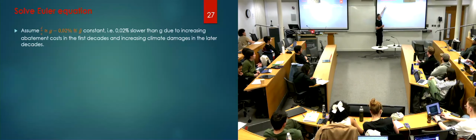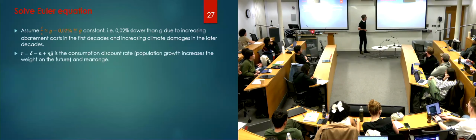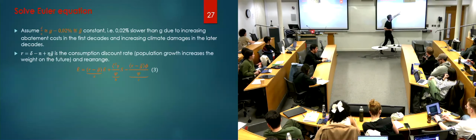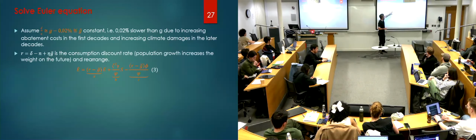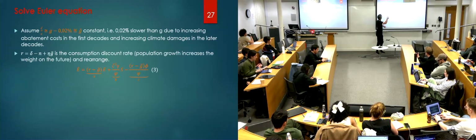For us, this is just a technicality. So what was an annoying time derivative is now a number, 0.98%. And then we get this solution. Again, it's the Euler equation where I've used this approximation. Yeah, it's slightly below 2%.